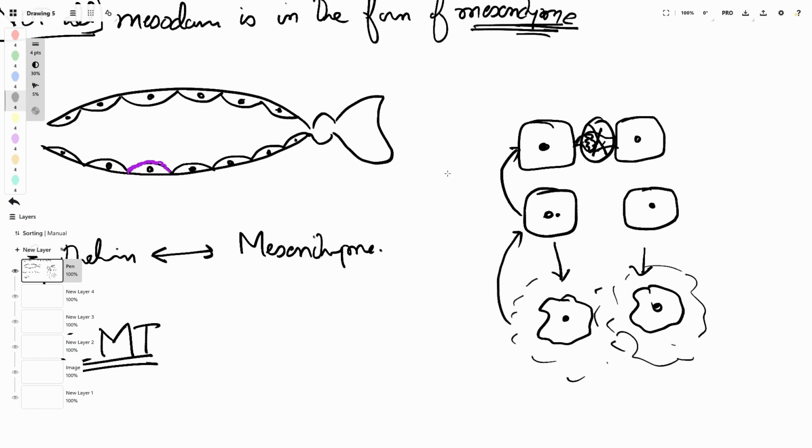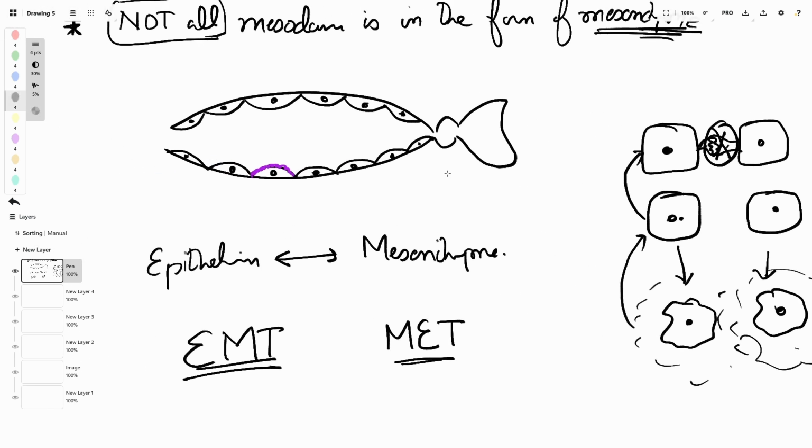So they can be converted back from mesenchyme to epithelium. So mesenchymal epithelial transition may occur. So epithelium to mesenchyme is EMT, and from mesenchyme back to epithelium is MET.